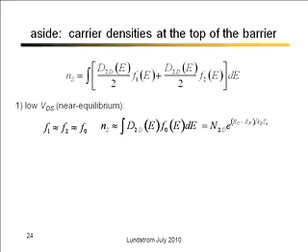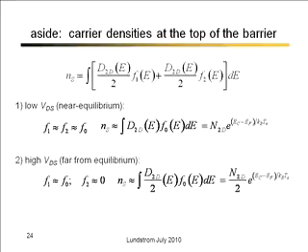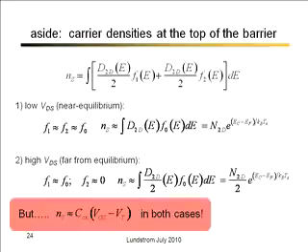When the voltage is low, F1 is about equal to F2. You just add these 2 and you get the expression that we had for low VDS. When the voltage is high, only half the states can be filled. The negative velocity states can't be filled because the drain Fermi level is so low. So that's where the factor of 2 comes in.